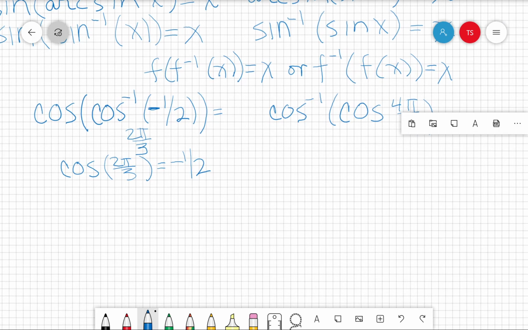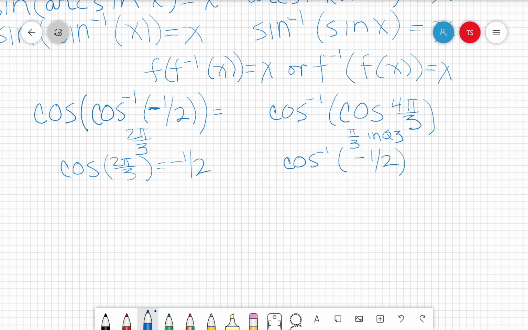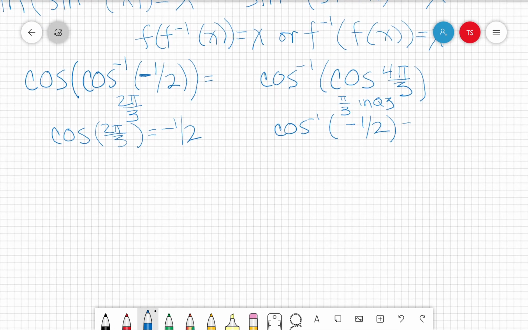So I cannot just say that this is equal to 4 pi over 3. I have to evaluate from the inside out. So I know cosine of 4 pi over 3 is the pi over 3 angle in quadrant 3. So that'll give me cosine, it's negative 1/2. And the angle whose cosine is negative 1/2 is going to be equal to 2 pi over 3.